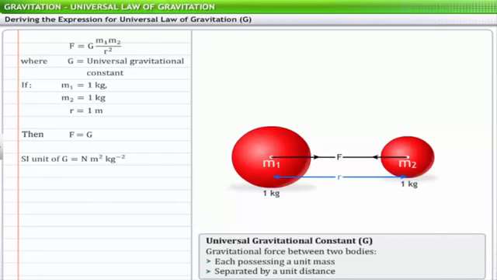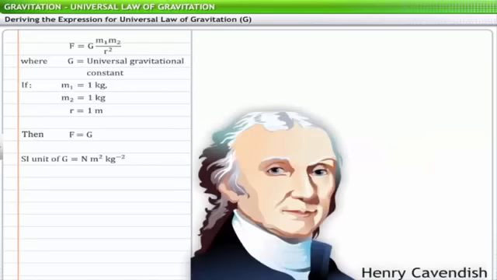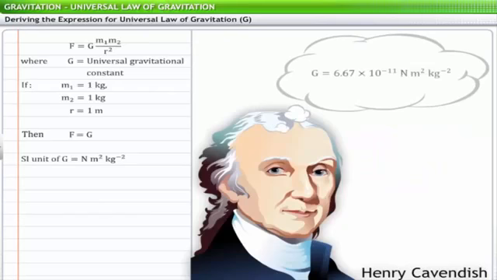The SI unit of the universal gravitational constant is Newton meter squared per kilogram squared. Henry Cavendish found the value of G with the help of a sensitive balance. G equals 6.67 times 10 raised to the power minus 11 Newton meter squared per kilogram squared.